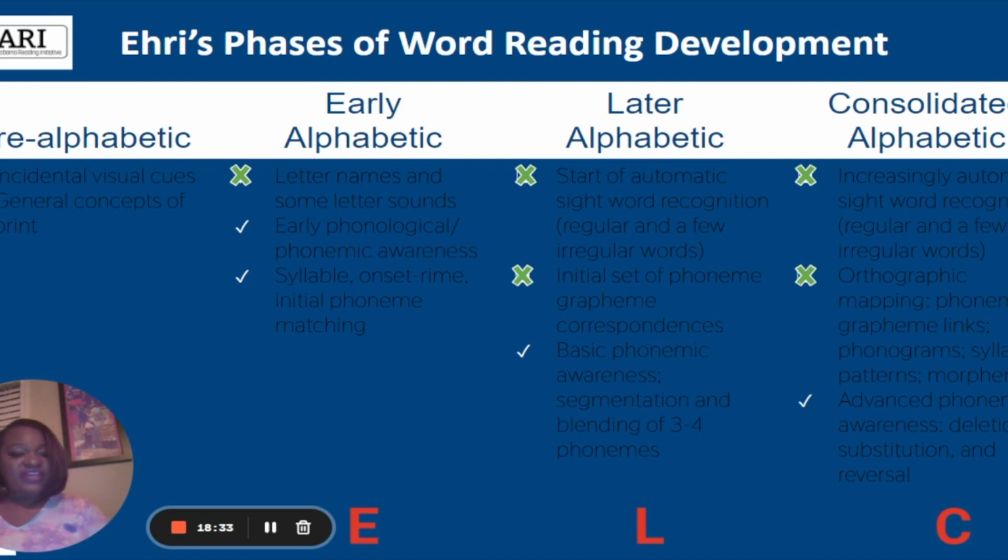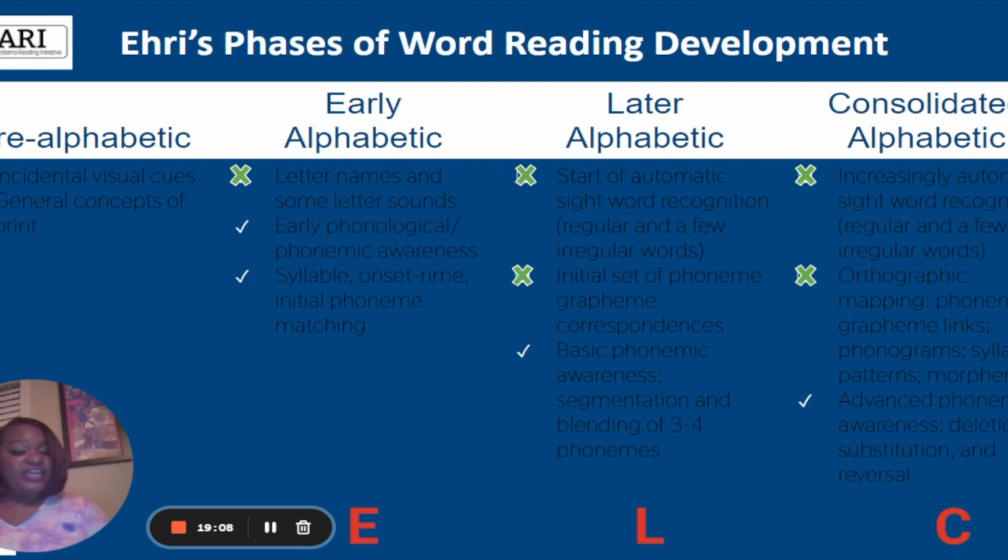Finally, we have the consolidated alphabetic phase. The last skill, which is advanced phonemic awareness, deletion, substitution, and reversal, is the one that falls under phonological and phonemic awareness, simply because that exercise is a listening activity. It is an auditory activity that does not require our students to look at any print.